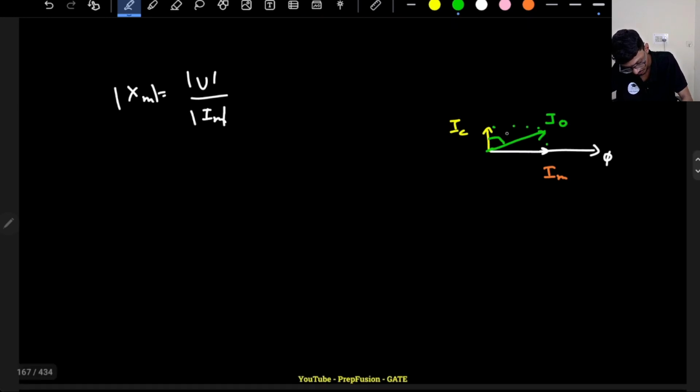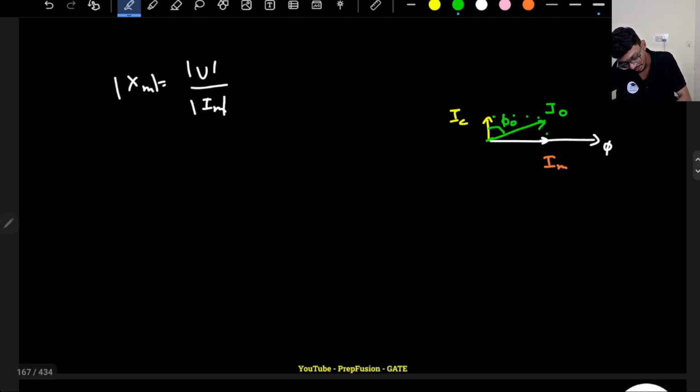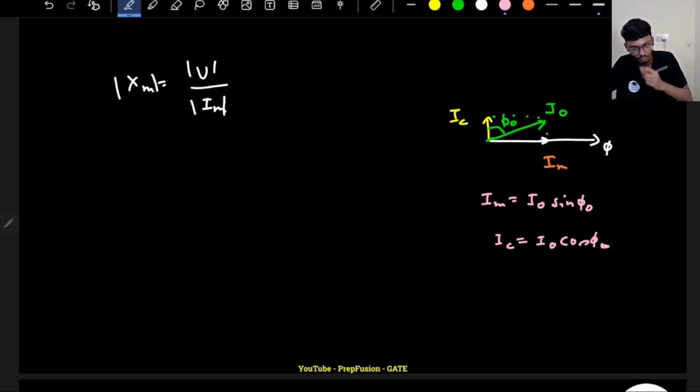So this was my phi naught. From here also you can find it out. My Im will be equal to IO sin phi naught, and my IC will be equal to IO cos phi naught. I'm just checking if I'm making any mistake or not. Yes, it is fine.